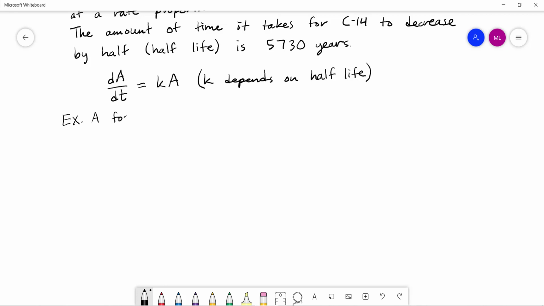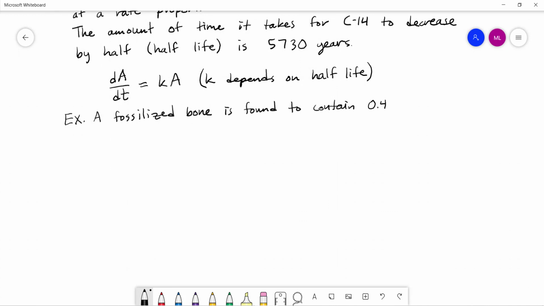A fossilized bone of some sort is found to contain, in whatever little sample has been taken, only 0.4% of its original amount of carbon-14. How old is it?